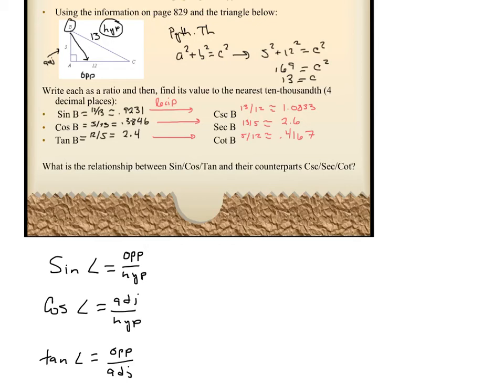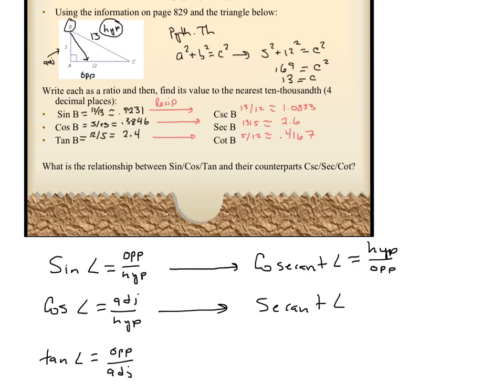So cosecant, and right across from sine is its reciprocal trig function. So cosecant of an angle is going to be hypotenuse over opposite. Secant, and you might remember secant lines from your geometry class, is going to be hypotenuse over adjacent.